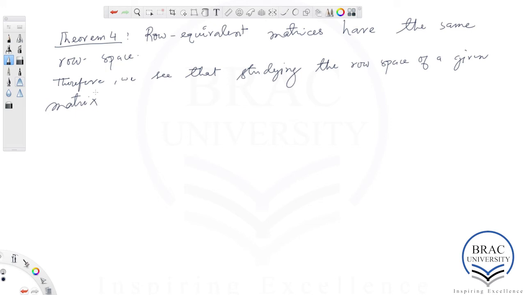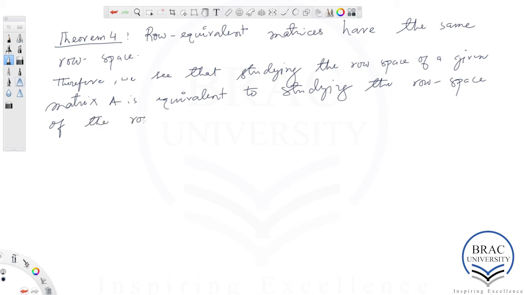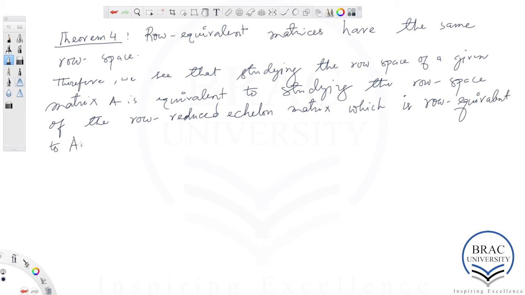Therefore, we see that studying the row space of a given matrix A is equivalent to studying the row space of the row reduced echelon matrix which is row equivalent to A. Okay.